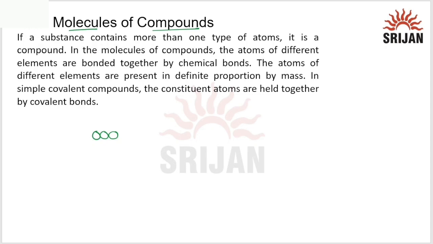It contains all green balls, so it is a molecule of an element. But in another case, suppose it contains 2 green and 1 blue ball. Now the atoms are changed. It contains more than one type of atom. Therefore, now it is a molecule of a compound.